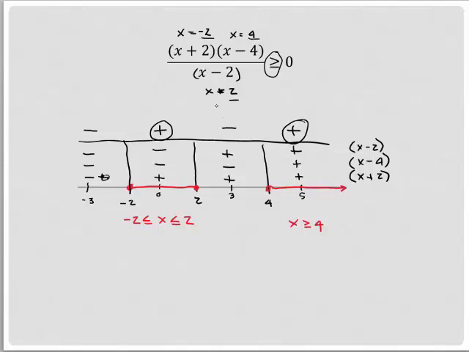Now, there's one thing here that we have to remember. I said that we can use 2, right? What is 2 minus 2? 0. No good. Can I divide by 0?